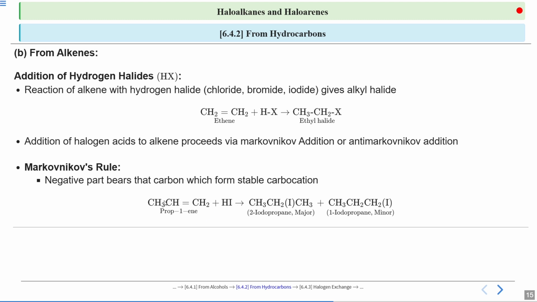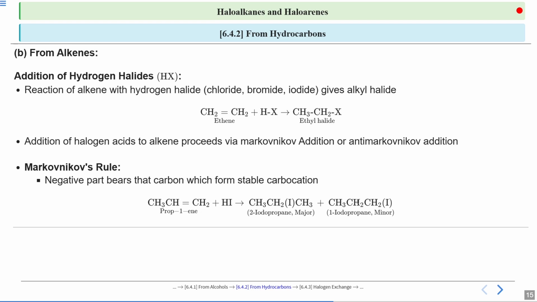So this I negative will go to this second carbon in the parent chain, and you are going to get the major product as 2-iodopropane, after the binding of I negative with the second carbon. So you are going to get CH3CHICH3, 2-iodopropane, as your major product, and your minor product will be 1-iodopropane, because the iodide can attack the other carbon also, right?